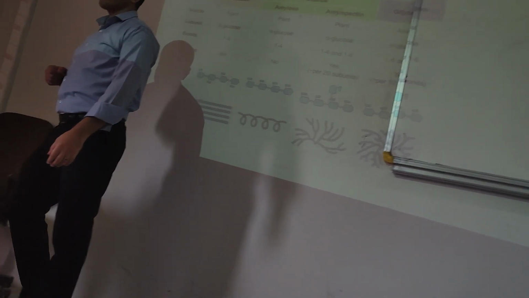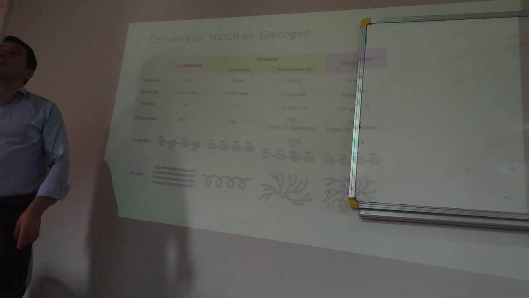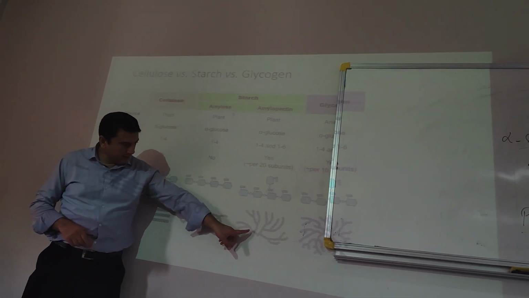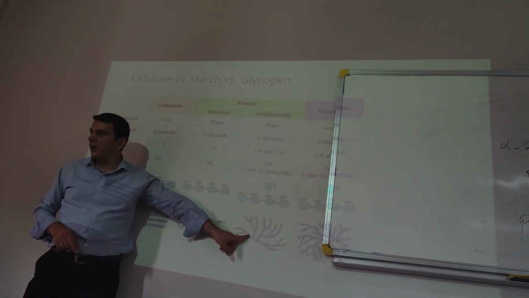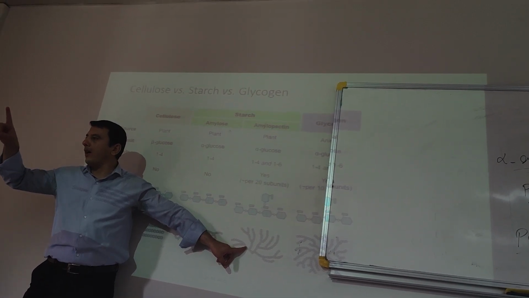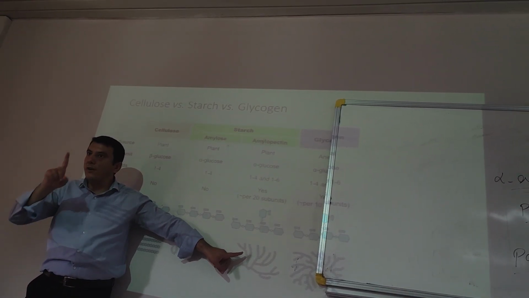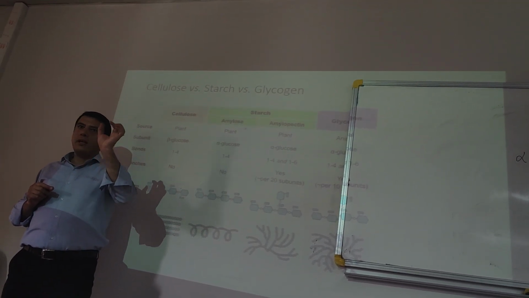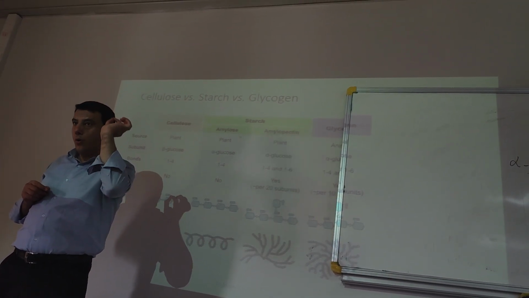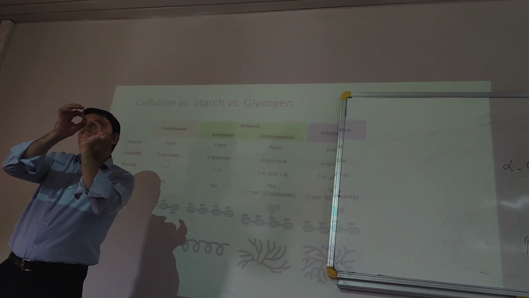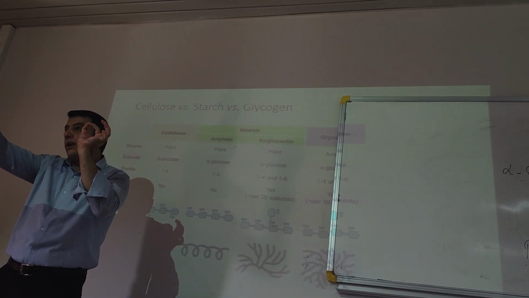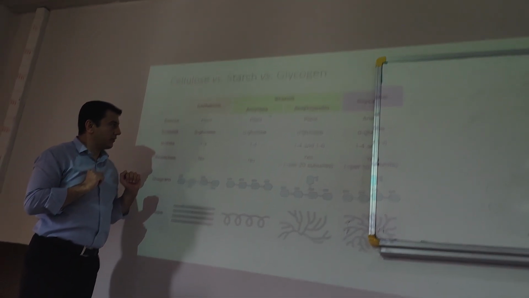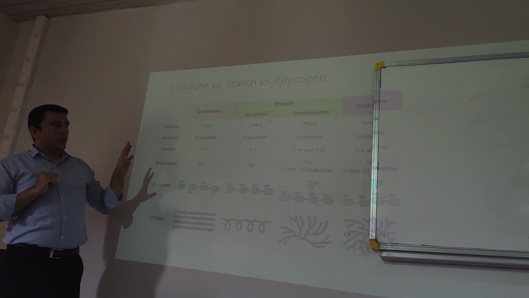Because it is branched. In the location of a branch, you don't have an alpha 1 to 4 linkage. You have alpha 1 to 6, which means the OH from carbon number 1 attaches to the OH from carbon number 6. Very good, the branch.